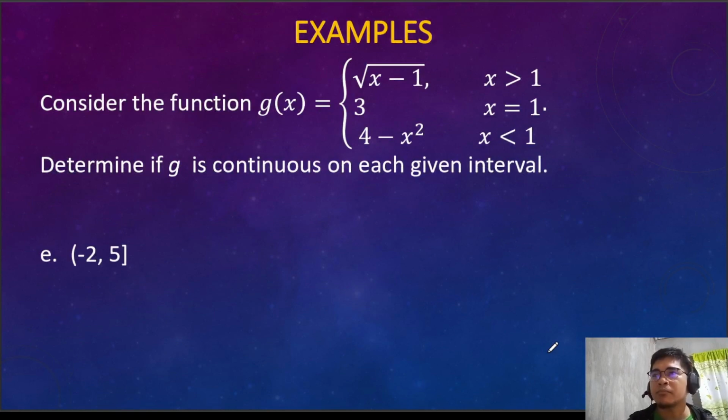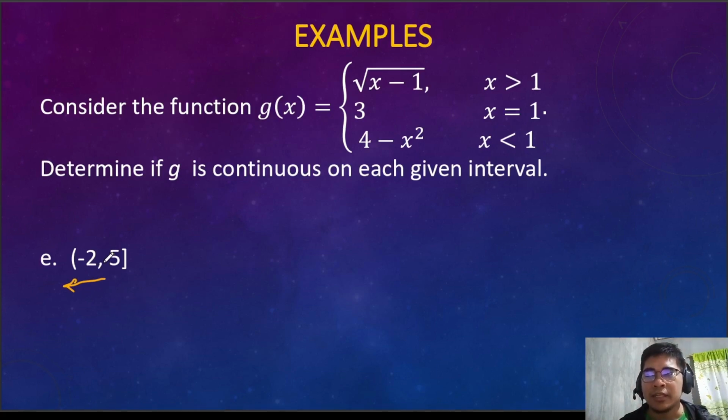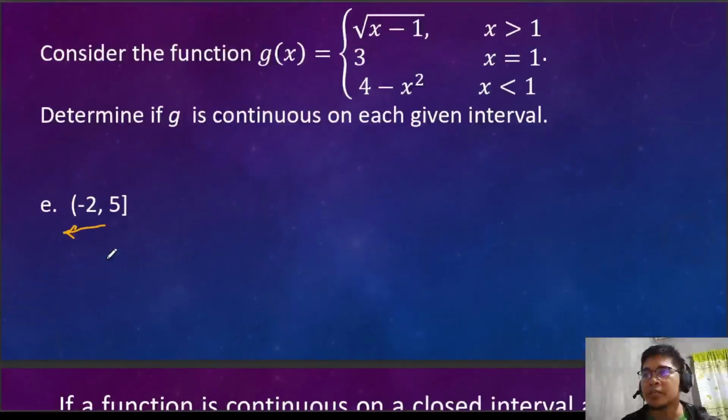We have the last example, a half closed interval -2 and 5. This is very different from the previous examples. Compared to the previous examples, where we could see the number 1 as an endpoint, here we cannot see number 1. But take note, we have this half closed interval, and from the left, we need to find if it is continuous from the left at b, which is 5.